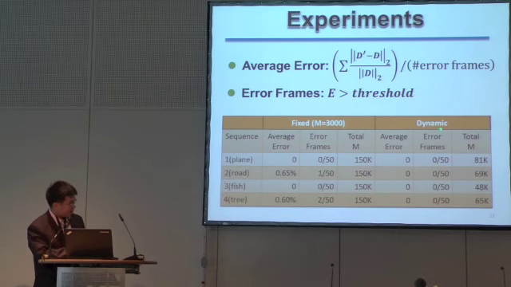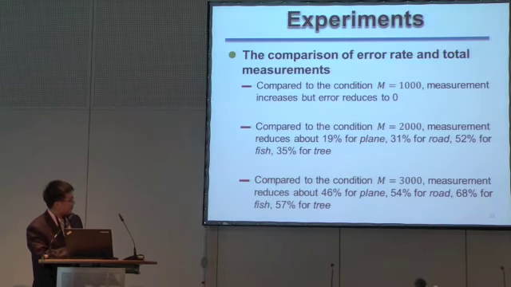So our dynamic method performs well. Okay, this is the numerical data. We can see that with n equals 2000, our measurement is reduced by at least 19%. And if n equals 3000, our dynamic measurement is reduced by at least 46%.